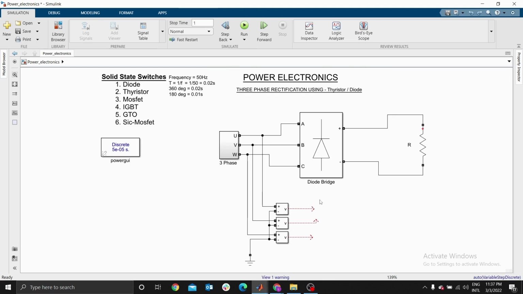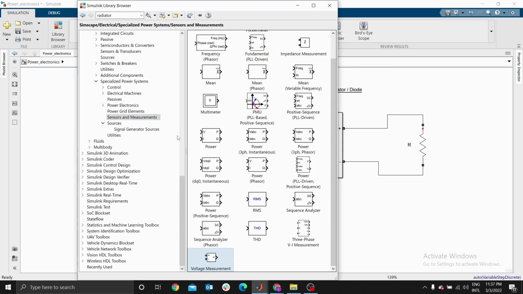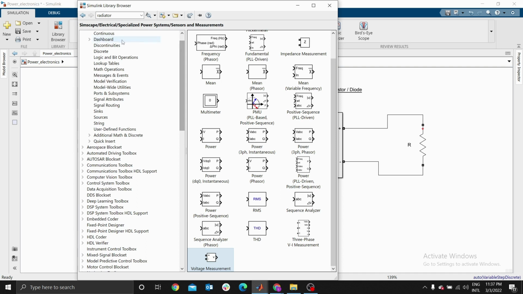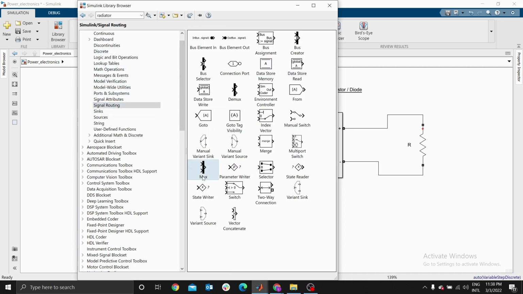We can now combine these 3 to make our circuit simpler using a Mux. We usually have a Mux and Demux. If you go to Simulink signal routing here, we can use a Mux and Demux. Mux takes many signals and converts them to one. Demux takes one and converts it to many. Let me use Mux for now.